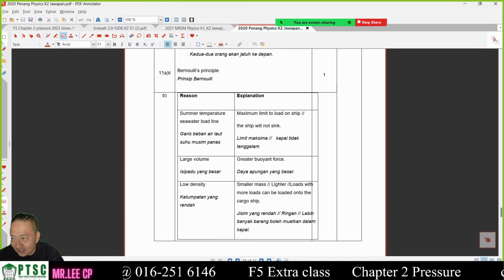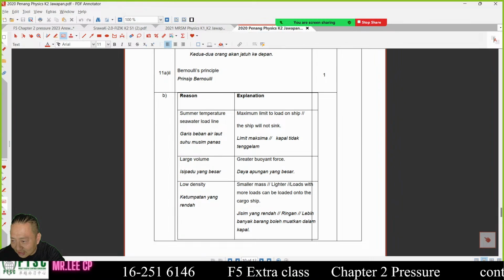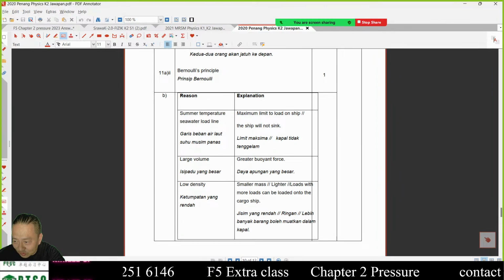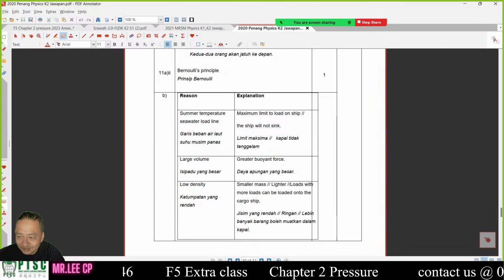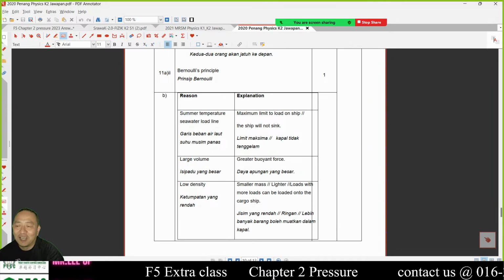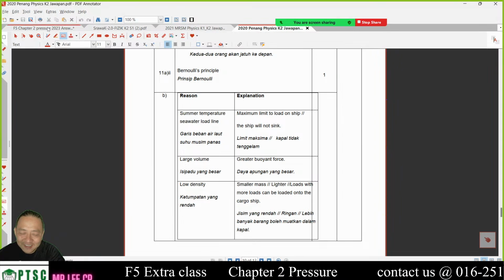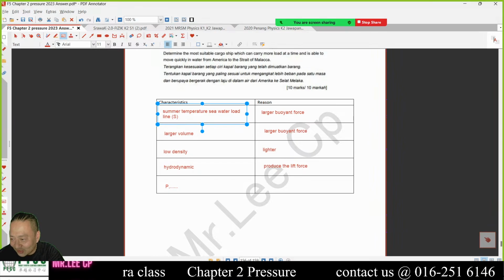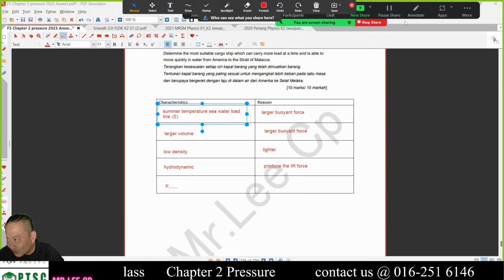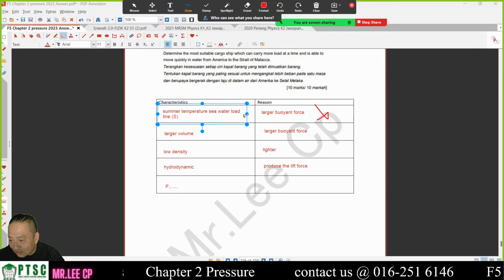Okay, seawater load line. So it is the maximum limit to load the ship. The ship will not sink. All right. Which is not the same as mine. I said don't use the words 'not sink', but in the end they use those words. So this one, larger buoyant force. All right. So I marked myself wrong. This one is okay.